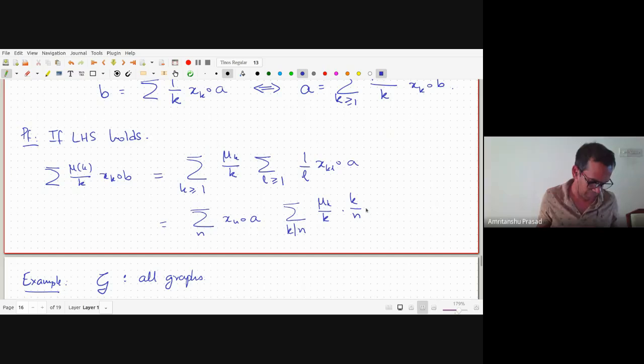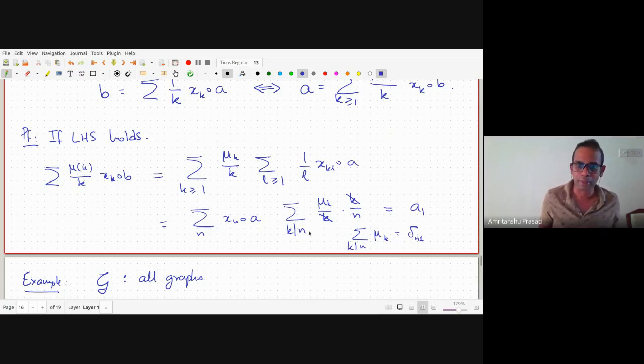But then this is just A_1, because the summation of μ_k over k dividing n is the defining property of μ_k: it is 1 unless n is equal to 1.